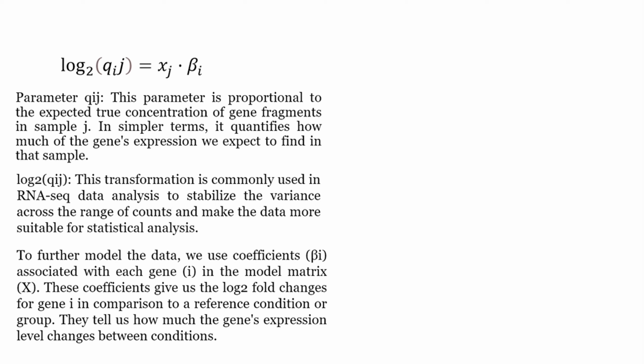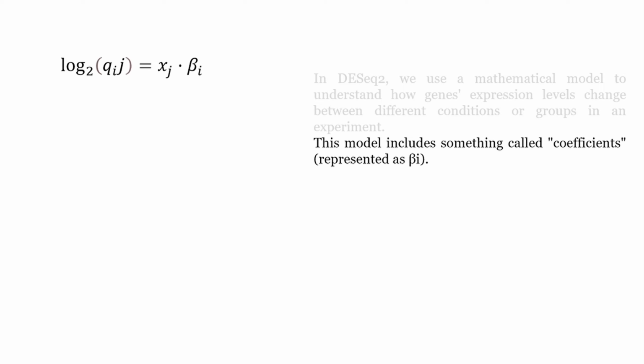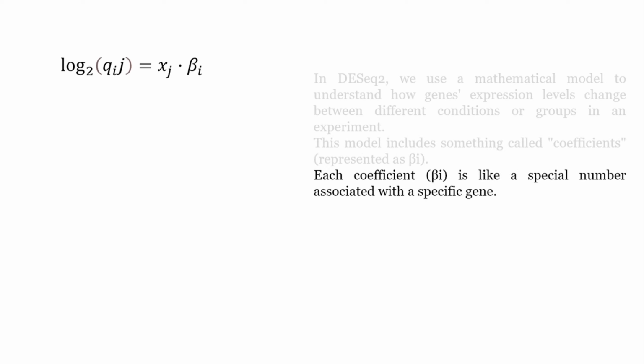In DESeq2, we use a mathematical model to understand how genes' expression levels change between different conditions or groups in an experiment. This model includes something called coefficients, represented as beta i or beta sub i. Each coefficient beta i is like a special number associated with a specific gene.